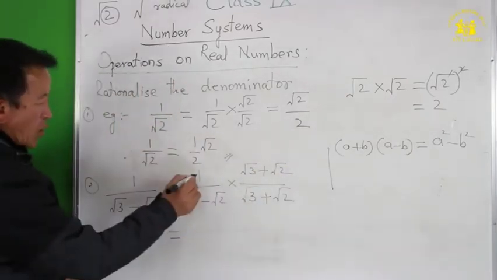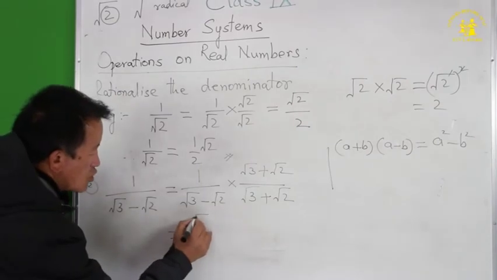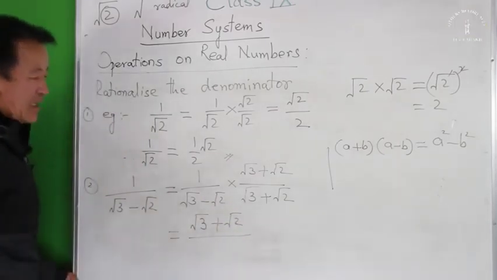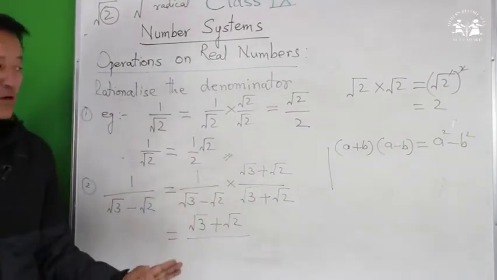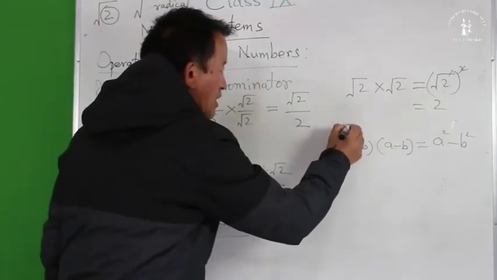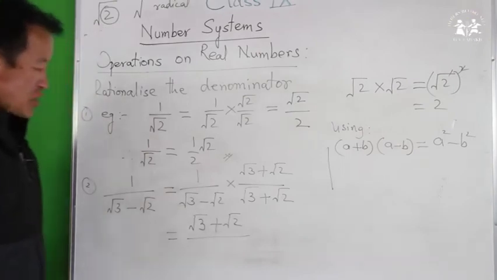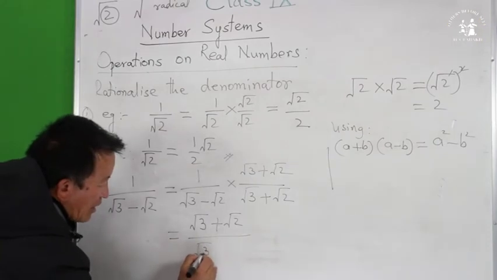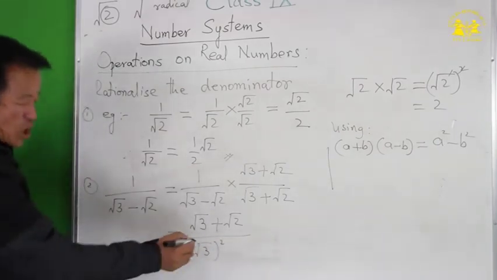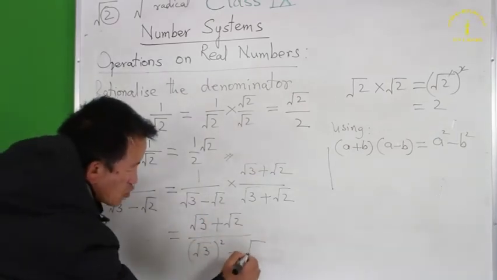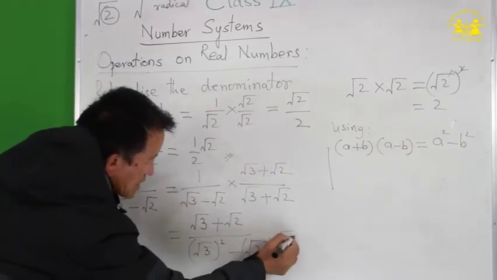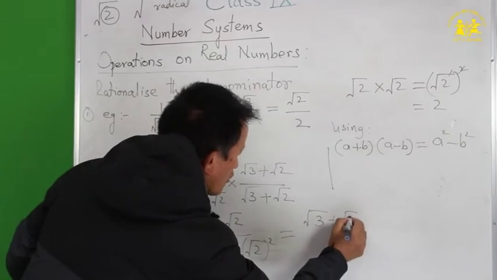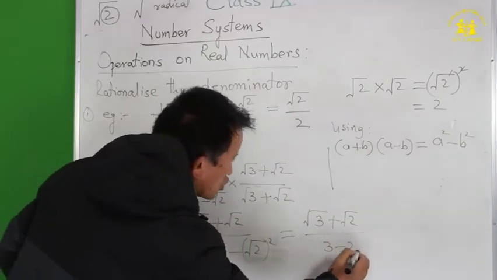Using the identity formula, square root of 3 square minus square root of 2 square is equal to square root of 3 plus square root of 2 divided by 3 minus 2, which is 1.